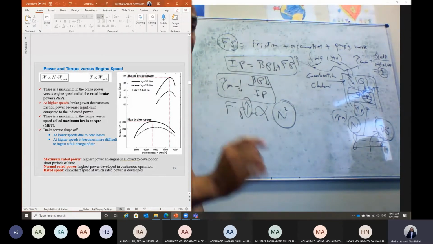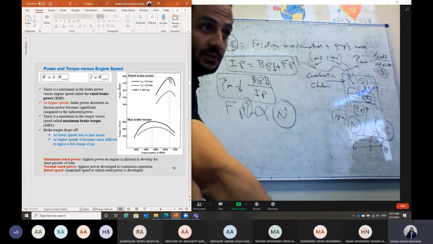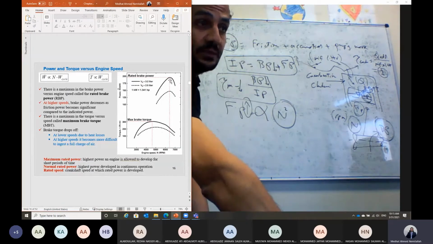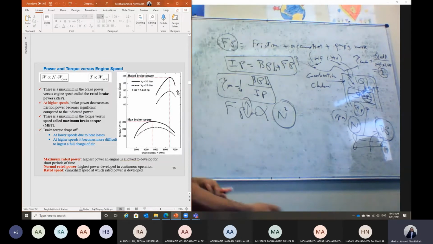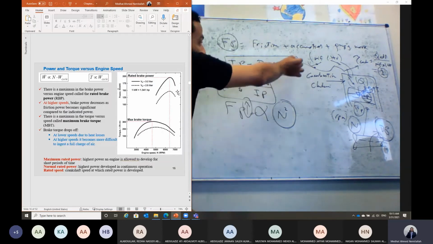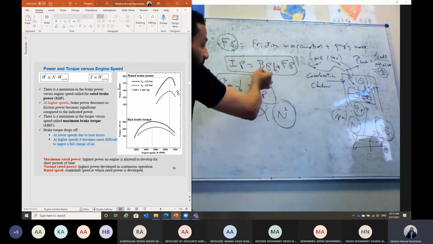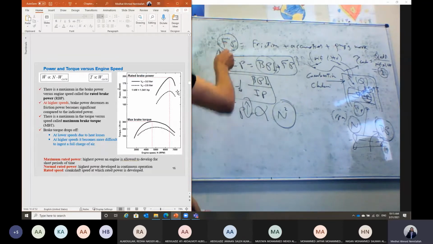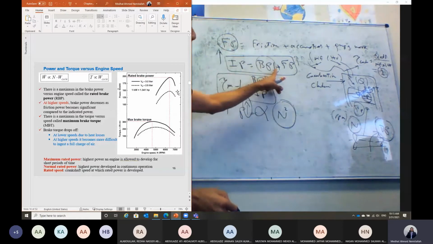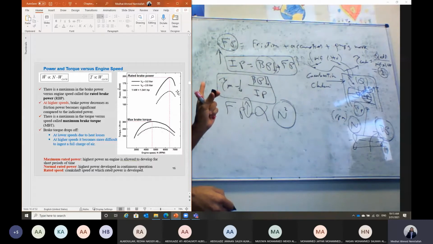But there is a limit. When you reach this limit, which is the rated power at almost about 6,500 RPM, if you increase the speed more than this, the rate of increase of the friction loss power will be more than the rate of increase of the brake power. Because when you increase the RPM, you are consuming more fuel. More fuel, that means you are generating more indicated power. Okay? This indicated power is equal to the brake power plus the friction loss power.